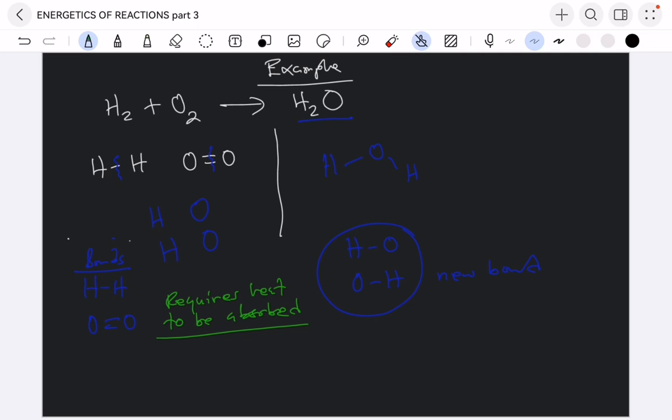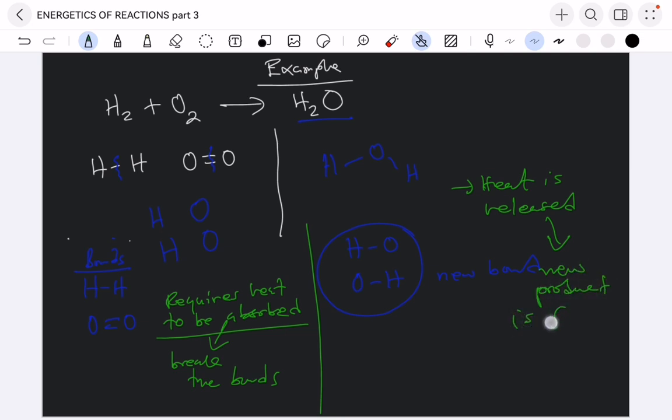So heat is absorbed, and the reason why that heat is being absorbed is to break the bonds. Then what is happening on the other side is that heat is released. The heat is released because a new product is formed.